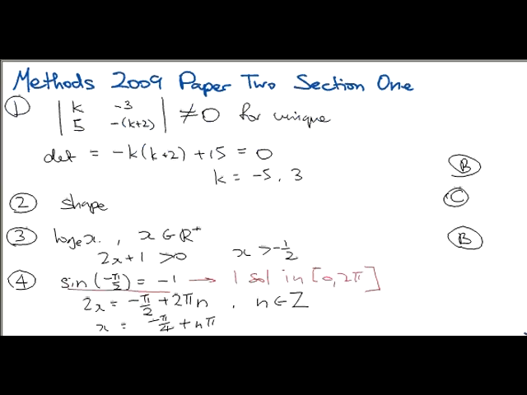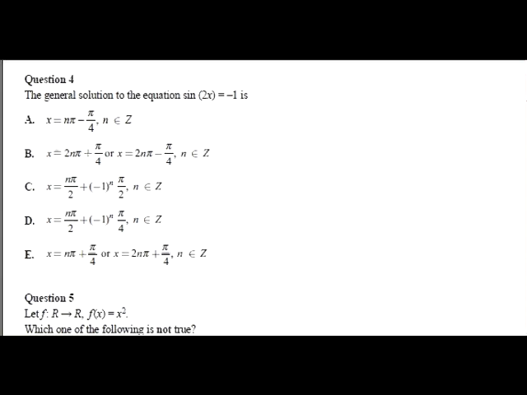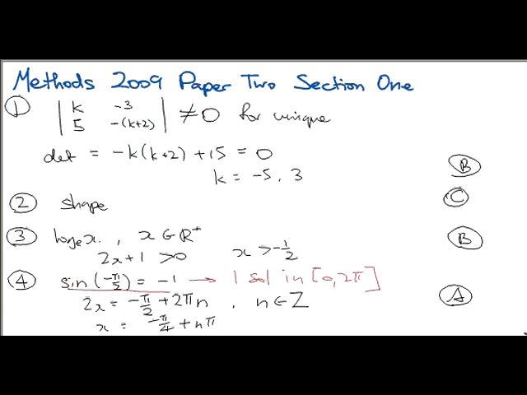So this is a special case: when the sine or cos of something equals 1 or negative 1, you only get one solution. So yeah, there's only that one solution. And you'll find that this solution corresponds to answer A. Ding. Great, isn't it? Okay, 4 questions out of the way. We are ahead of time and we are caning it.